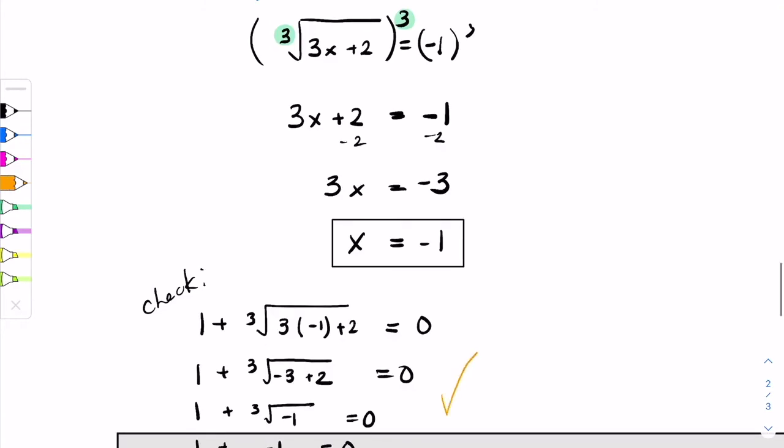That is correct. So this is your answer. And just to go back to that, the cube root of -1 is -1. Cube roots can have negative answers.